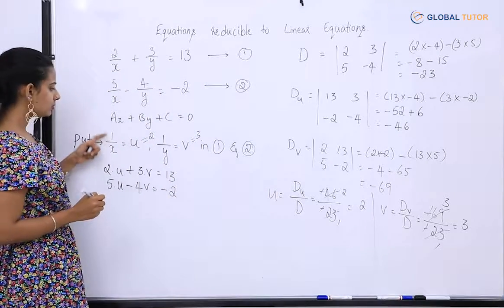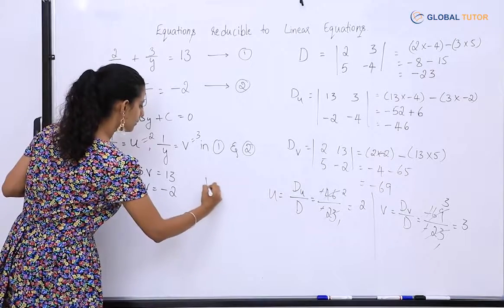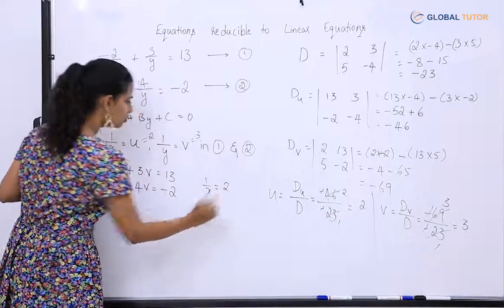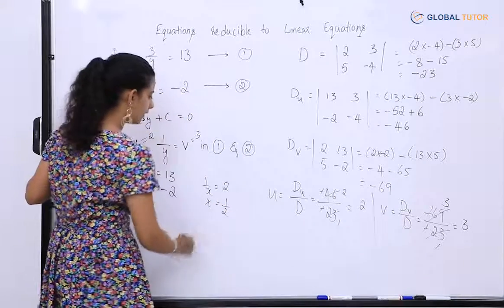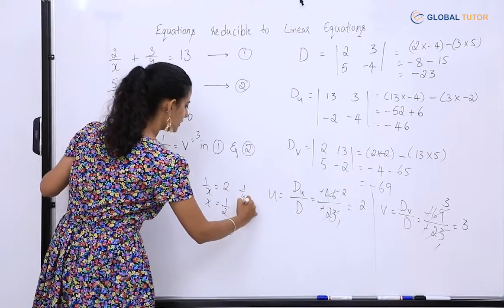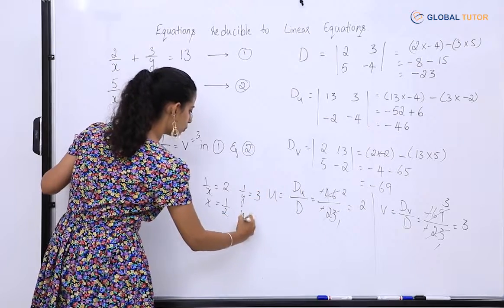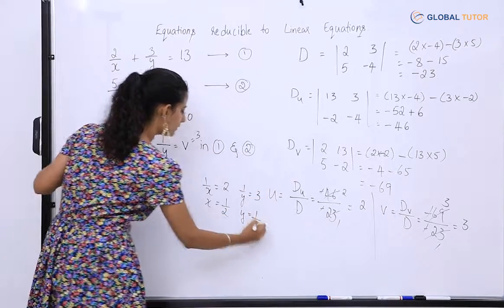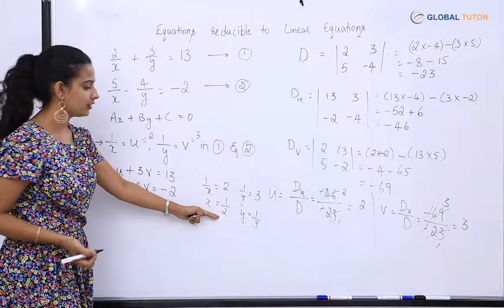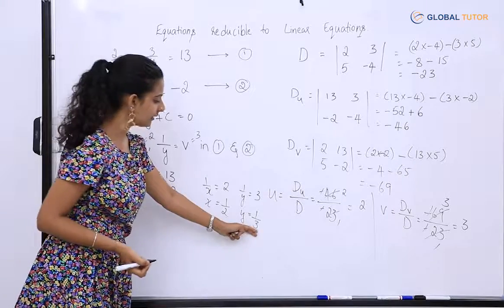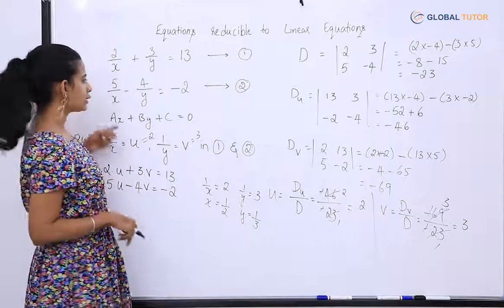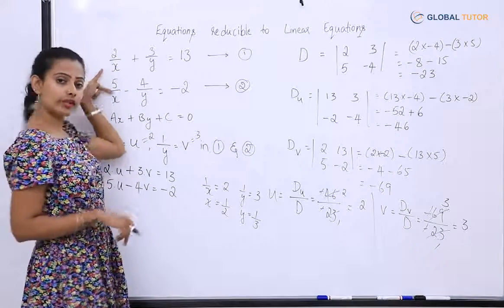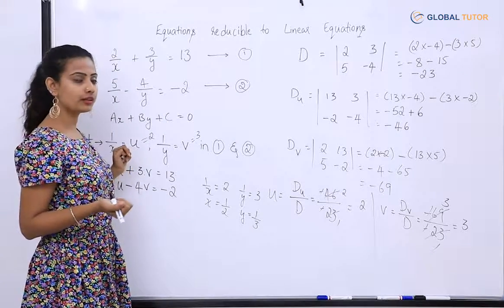So 1 by x is equal to 2, so x is equal to 1 by 2. And 1 by y is equal to 3, so y is equal to 1 by 3. Now we got the value of x, we got the value of y. So we will replace it here. So initially we had two equations which were not in the form of linear equation.